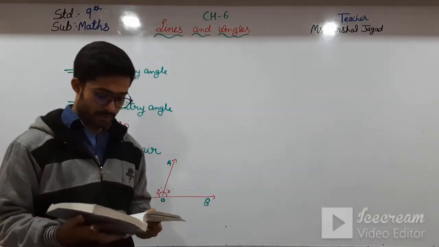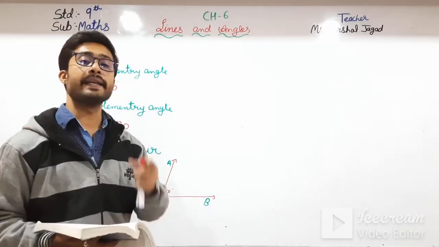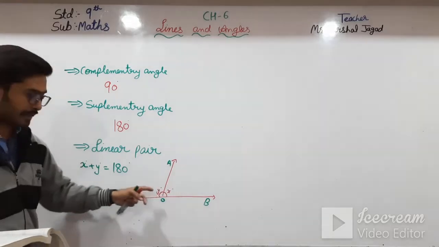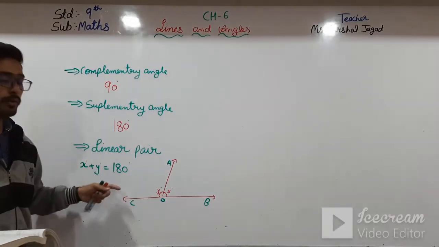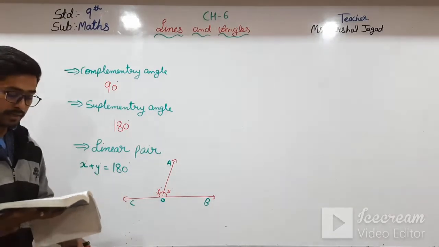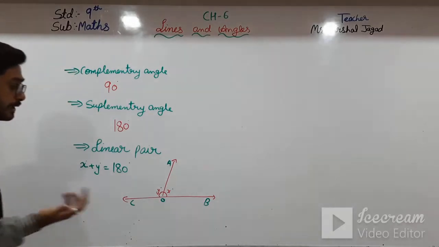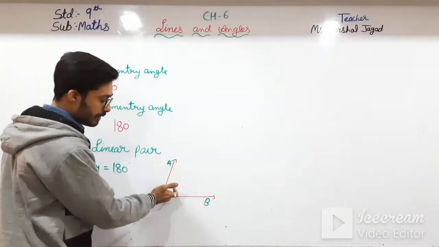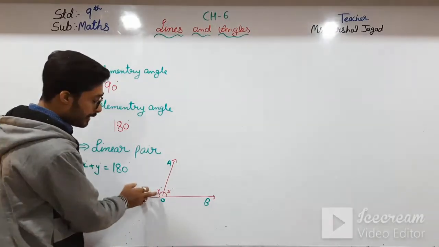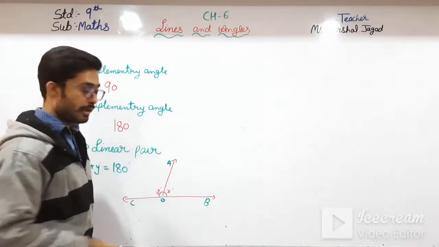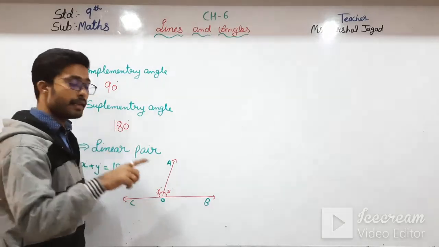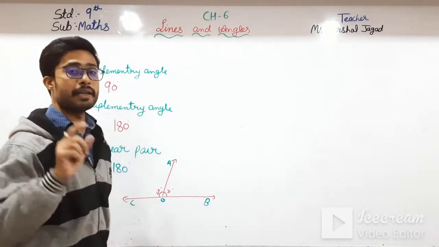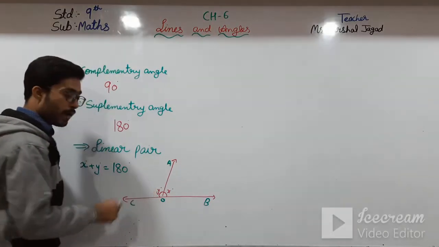The total of these two angles will be 180 degree. So x degree plus y degree, here it is x and here it is y, then we will get the total that is 180 degree. After this, in a few examples, they will give us 60 degree and ask to find the other angle. Then what we will do, 180 degree minus 60 degree, then we will get the y.